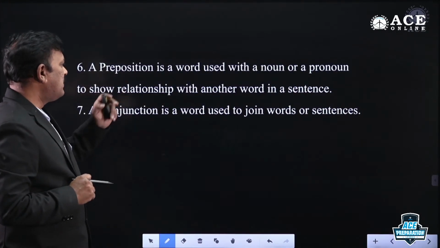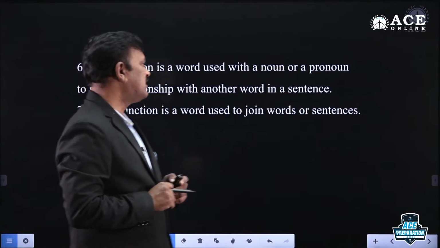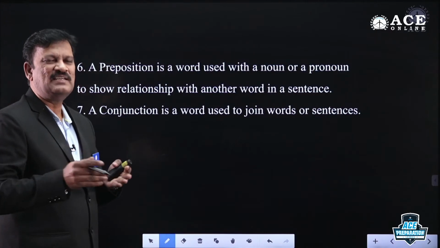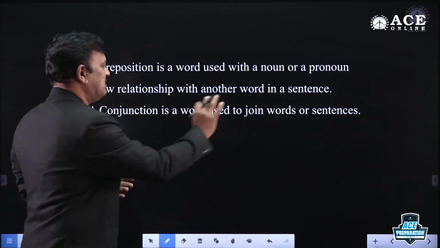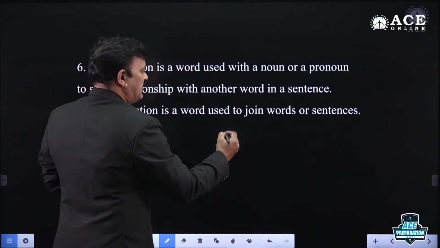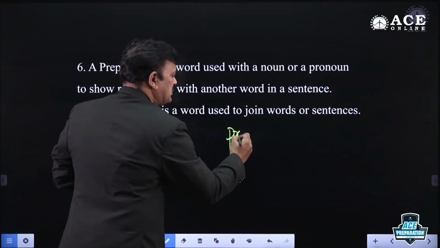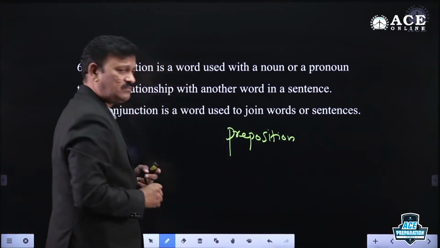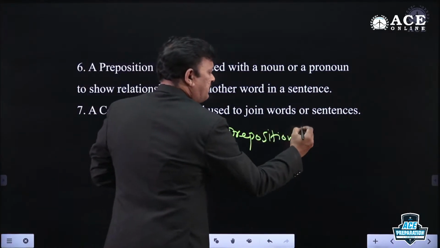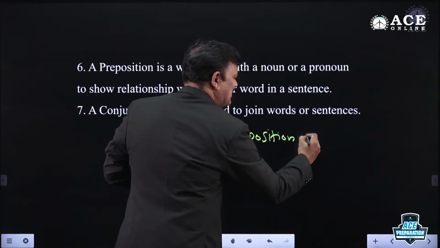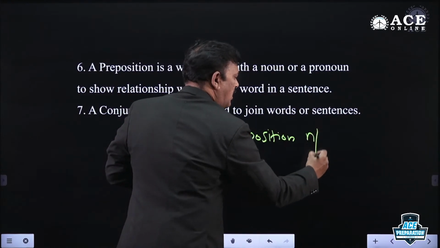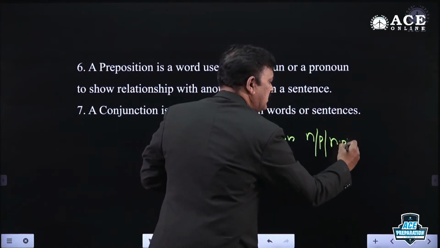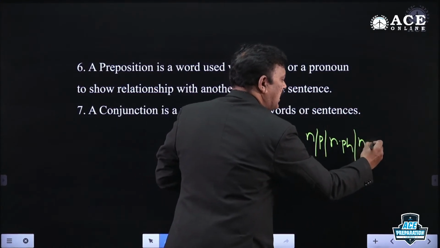Fine. A preposition is a word used with a noun or a pronoun to show relationship with another word in a sentence. Now let me summarize this with this simple point here. If there is a preposition in a sentence, guys, there are certain things I am repeating. The end of the preposition has to be noun or pronoun or noun phrase or noun clause.